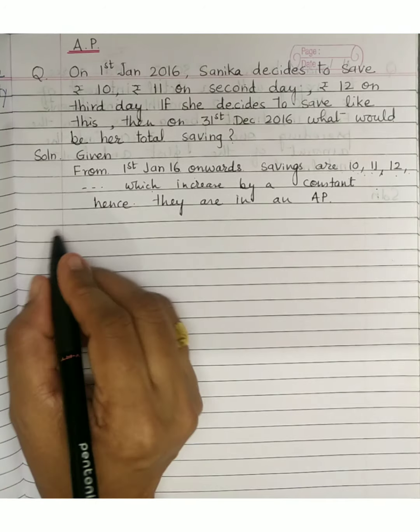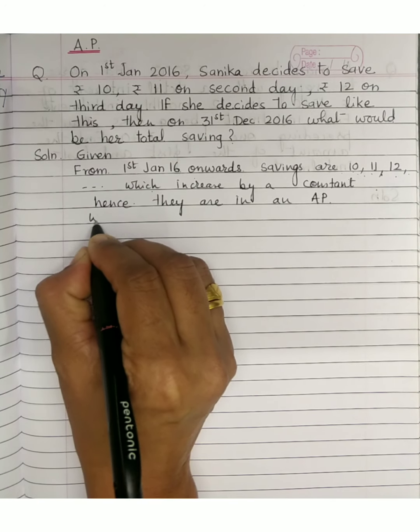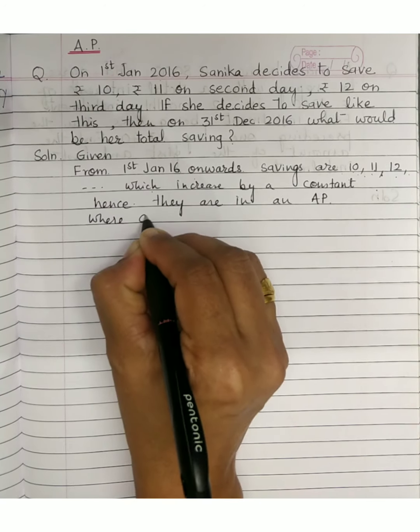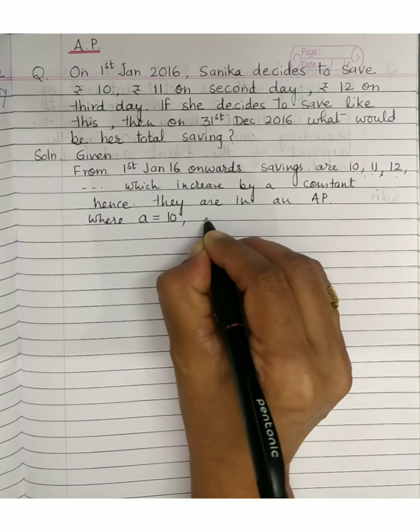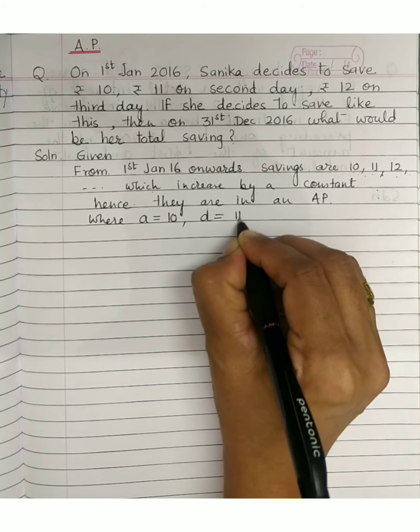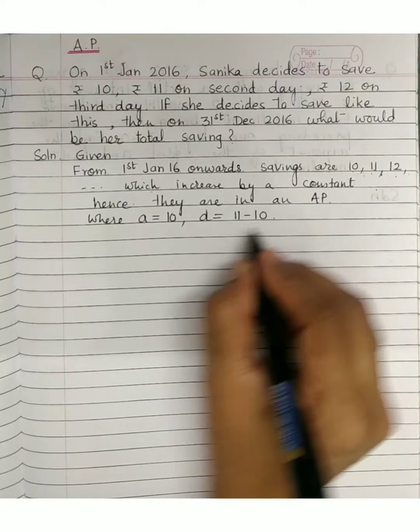Hence they are in AP, where A is equal to 10, D is equal to 11 minus 10, that is 1.